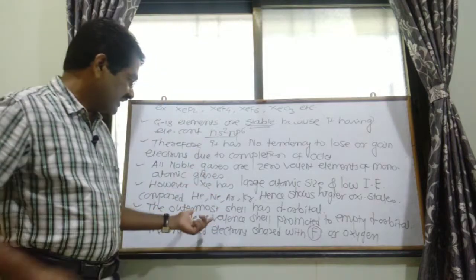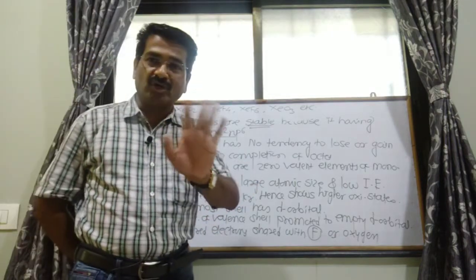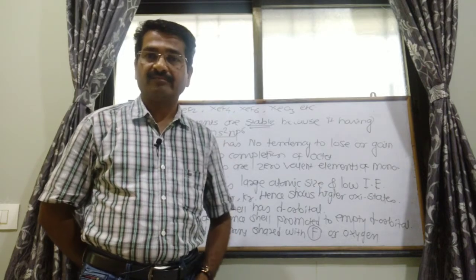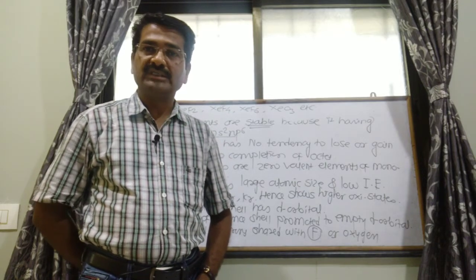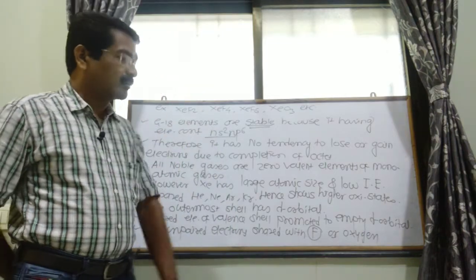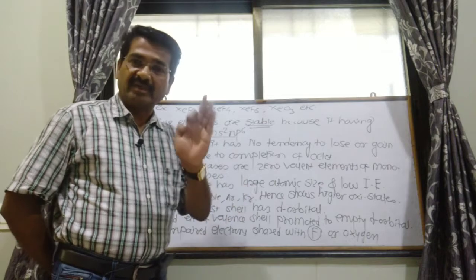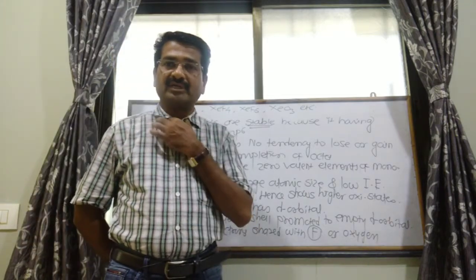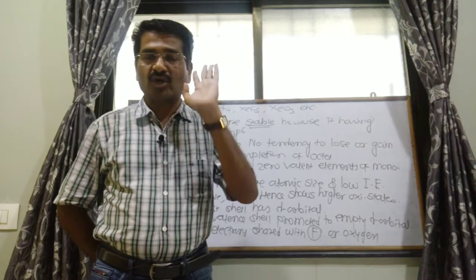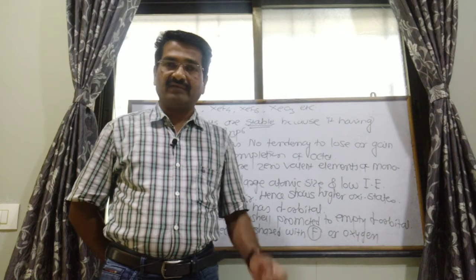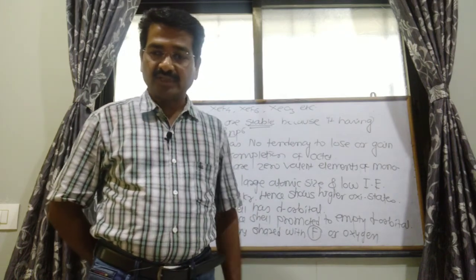But other elements, that is helium, neon, argon, krypton, cannot show chemical reactivity due to their completion of octet. So these are the chemical properties. In these chemical properties, except for xenon, other elements cannot form compounds. Only xenon can show reactivity.